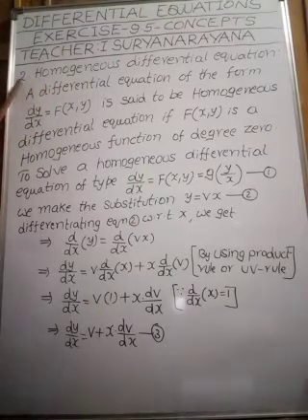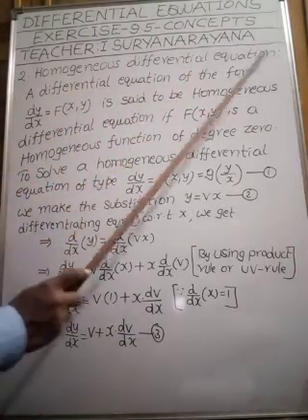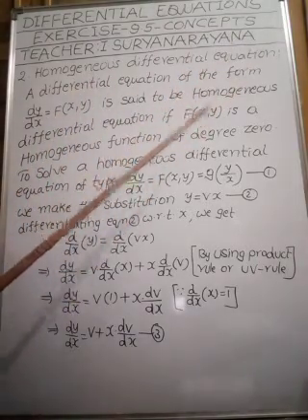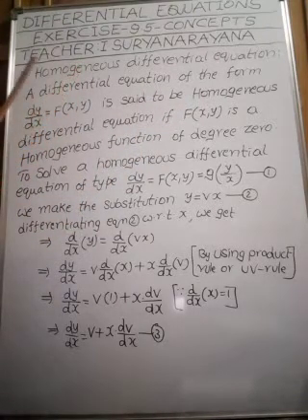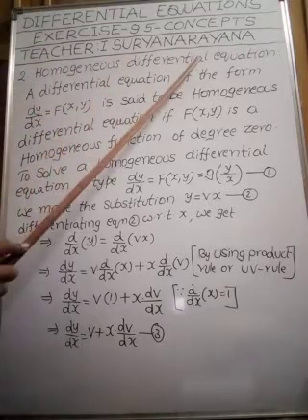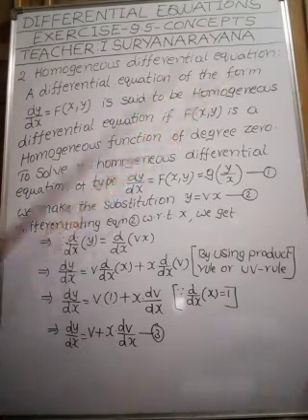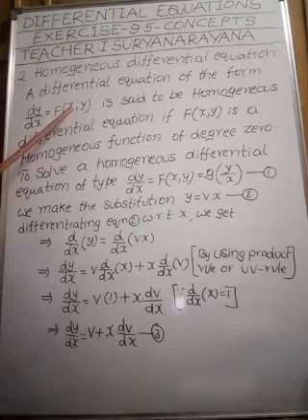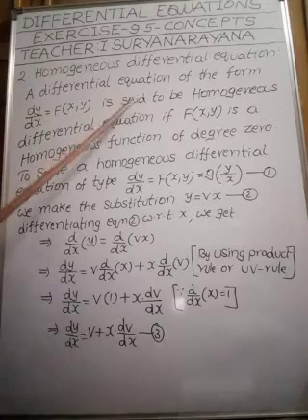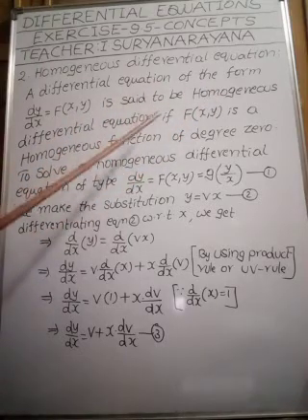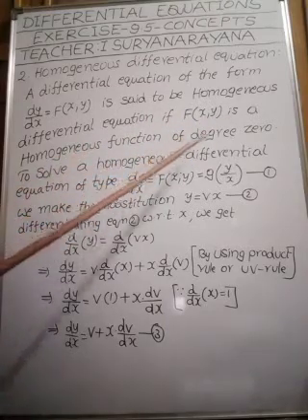Now come to the point number 2, my children. Second point, homogeneous differential equation. In the first point, we have discussed homogeneous function of degree n. Now we are going to discuss homogeneous differential equation. A differential equation of the form dy by dx is equal to f of x comma y is said to be a homogeneous differential equation if f of x comma y is a homogeneous function of degree 0.